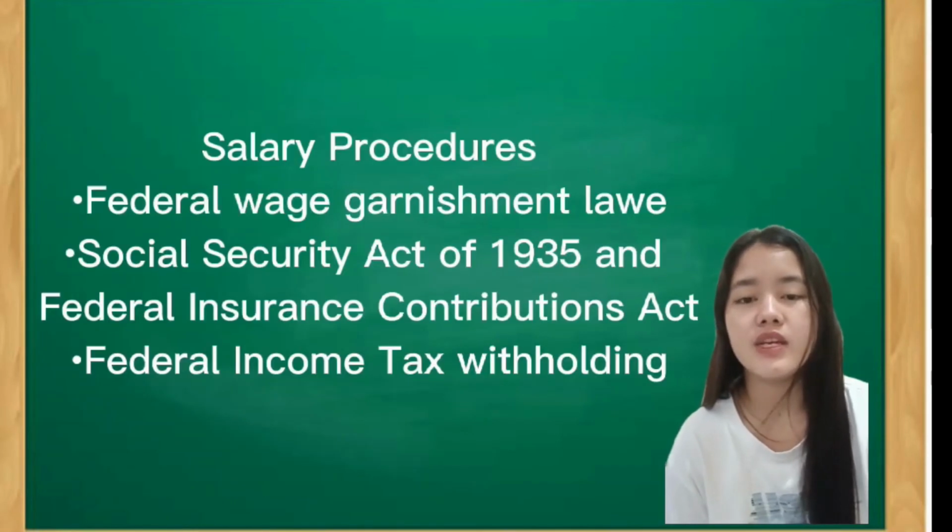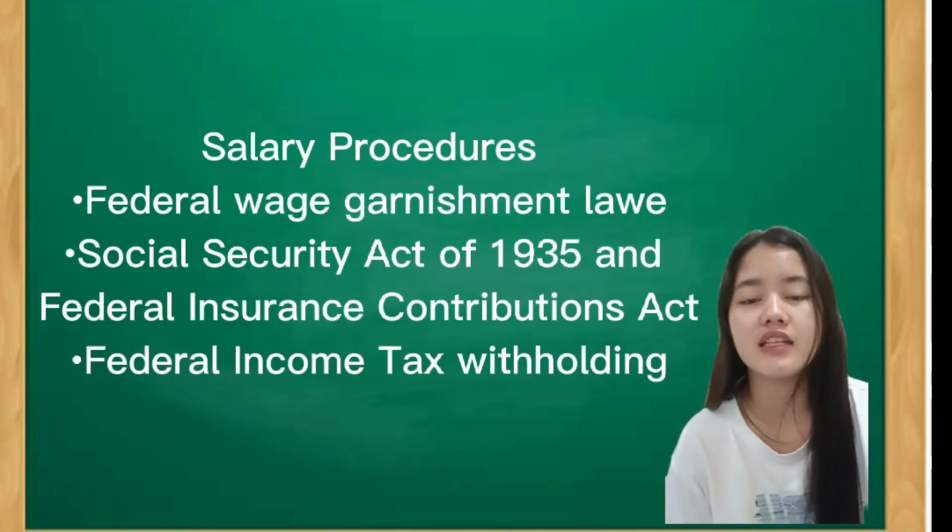And then the next one is salary procedures. Some laws require certain procedures related to employee salaries. The Federal Wage Garnishment Law restricts the amount of an employee's wage that may be deducted in any one week for garnishment procedures.